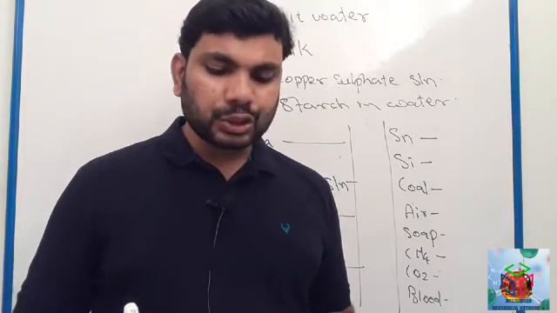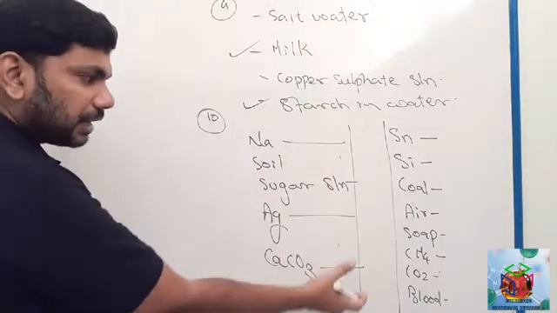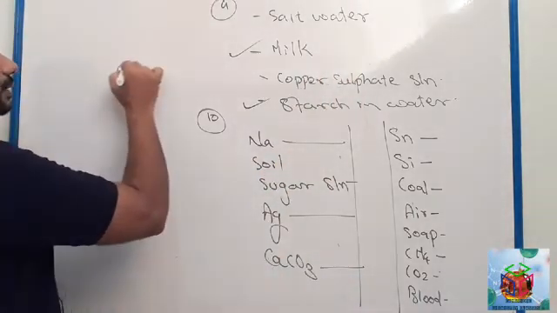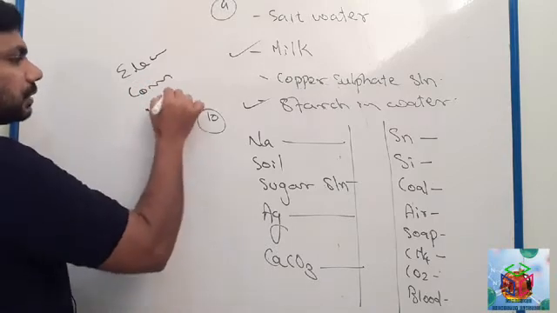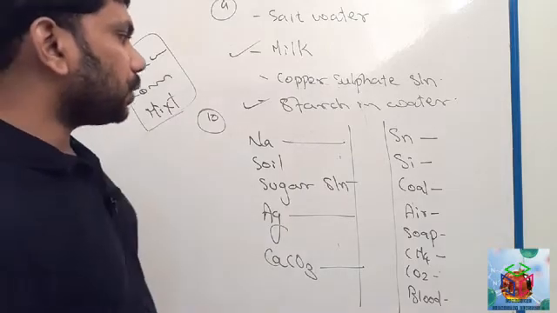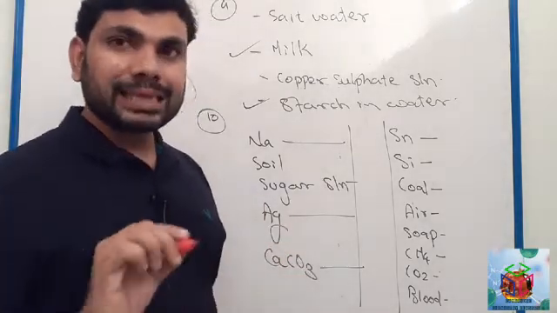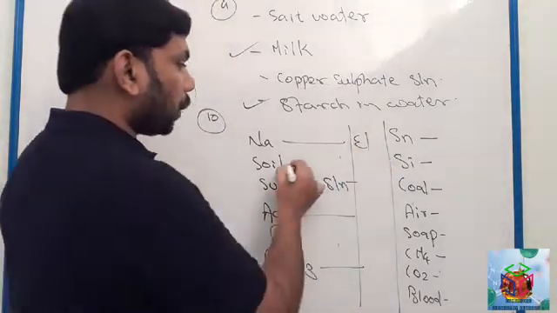Okay, here last question. Classify the following into elements, compounds and mixture. Here we have different types of substance. We have to classify them as elements, compounds or mixture. So here we know sodium, it is element.